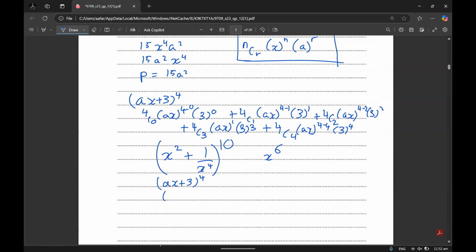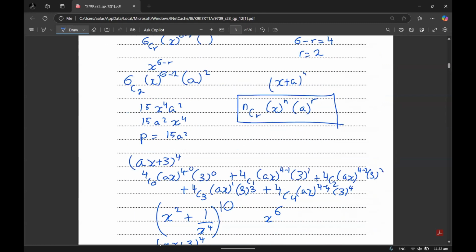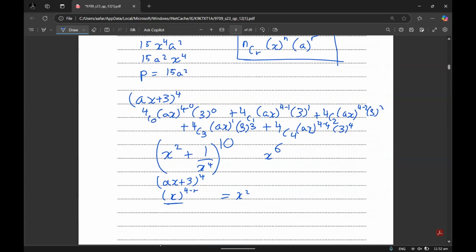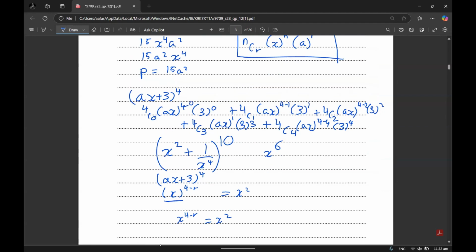We can ignore the a because a is a constant. So x will always be 4 minus r, and there is no x over here. So what we need, and you know that this is the only x we will get, and we need to find x square, right? So what we do basically is we equate x^(4 minus r) to x. We basically equate the expression which we attained.